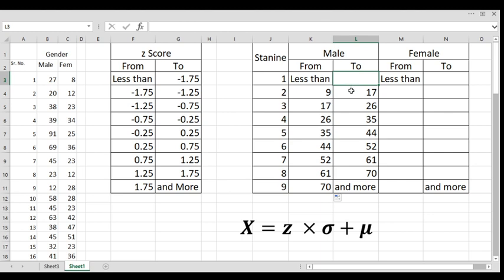For that also we don't have to be tense. We just have to make the cell below that particular cell active. Here L4 is made active.